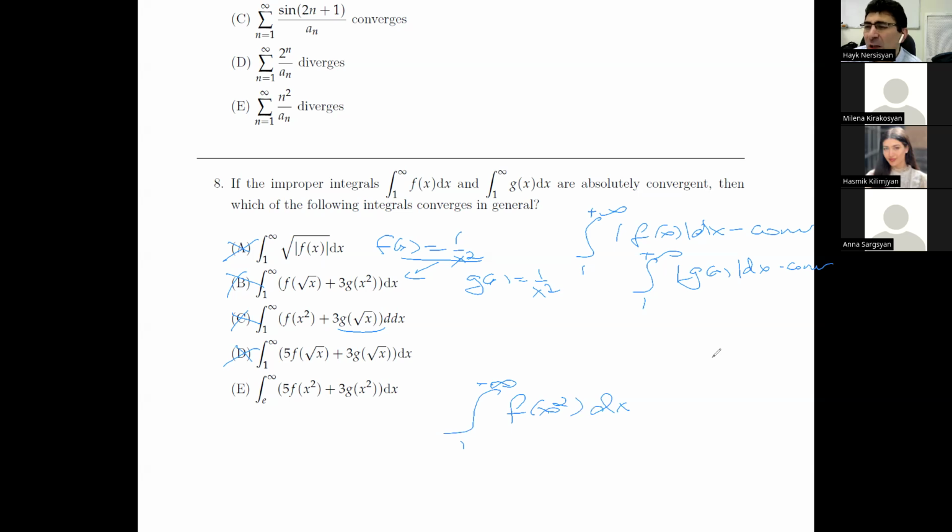So to go to f(x), we can do a substitution. What if we try x squared equals u? Of course, 2x dx is du. We do not have this x term, but we can multiply and divide.